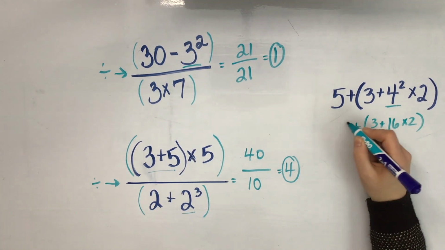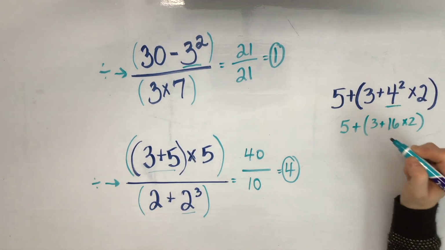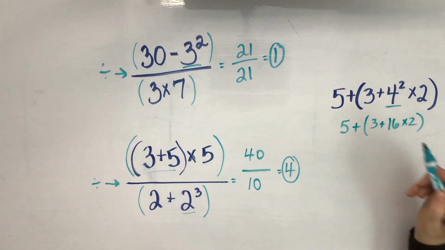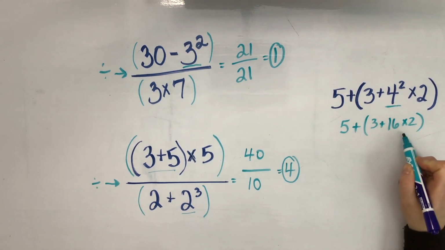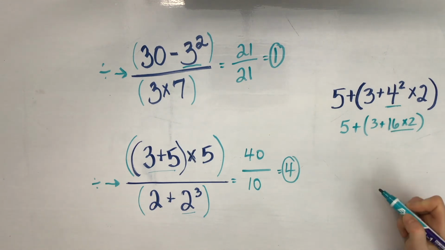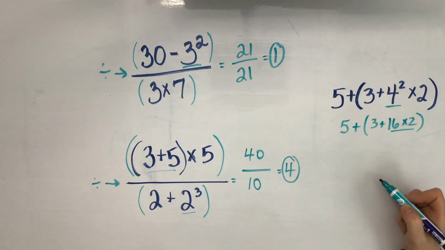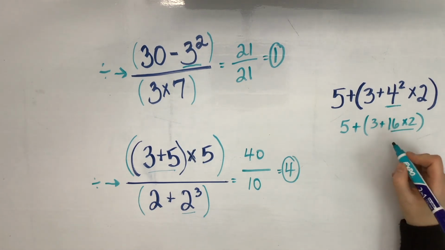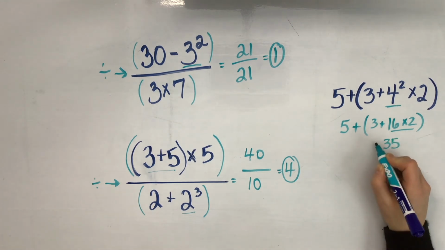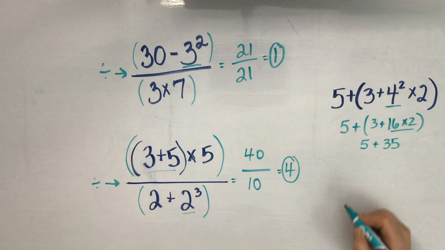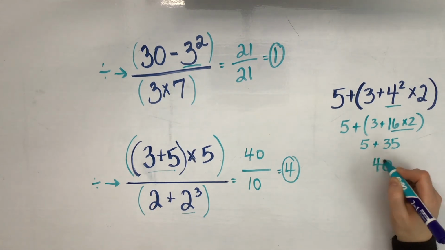This one is a little more complicated, so you probably will need to write the steps down. Okay, I still have some things to solve in the brackets here. 16 times 2 is 32, plus 3 is 35. So the entire value inside the brackets is 35. And then I'll have to add that to 5, which gives me 40 for my final answer.